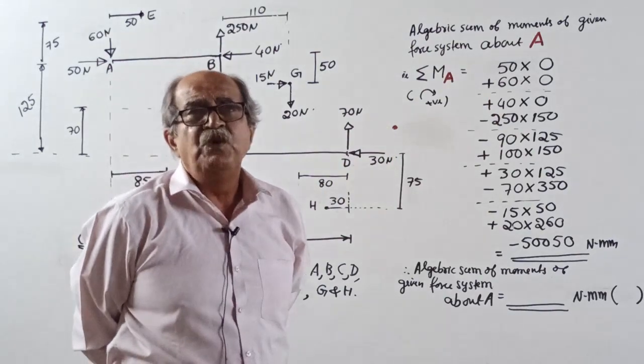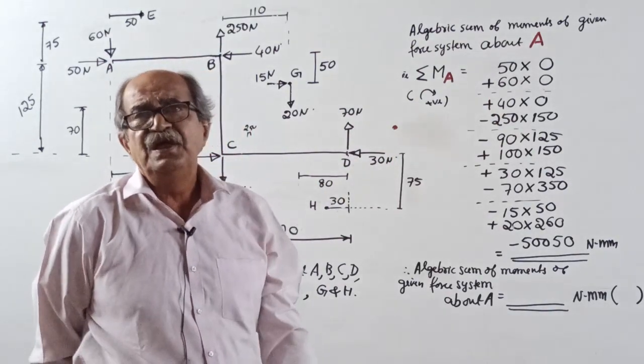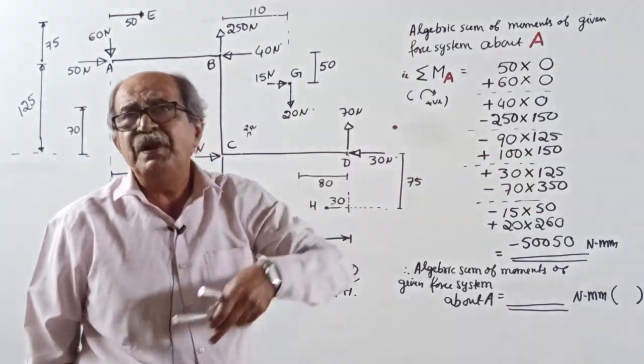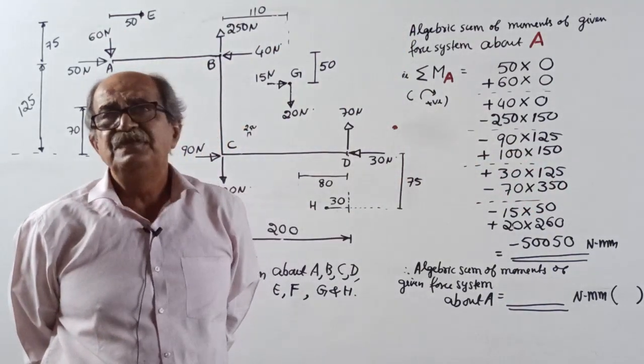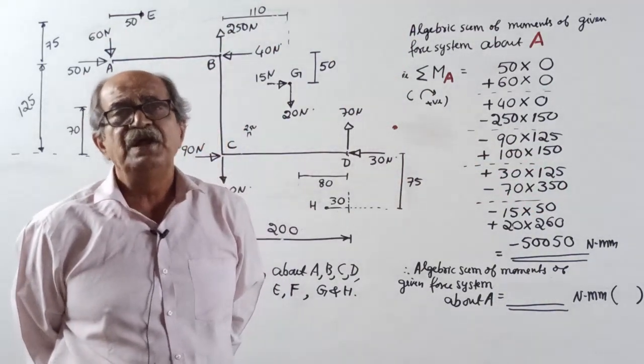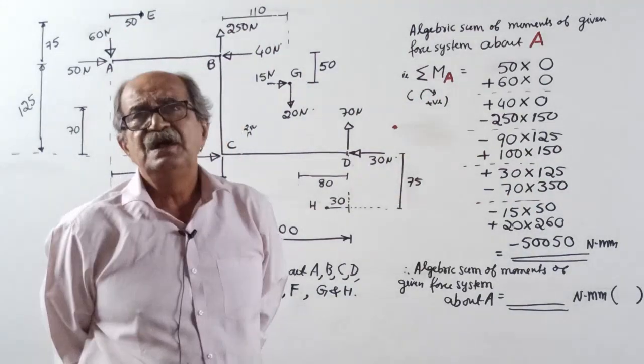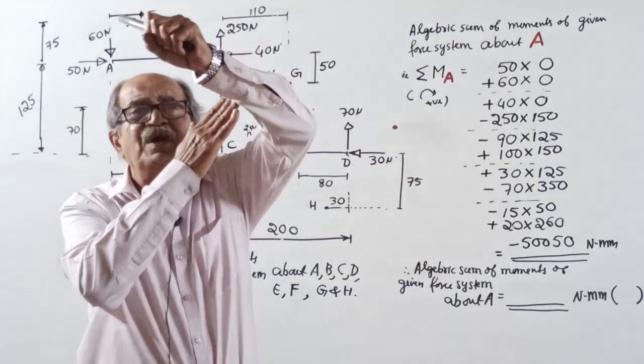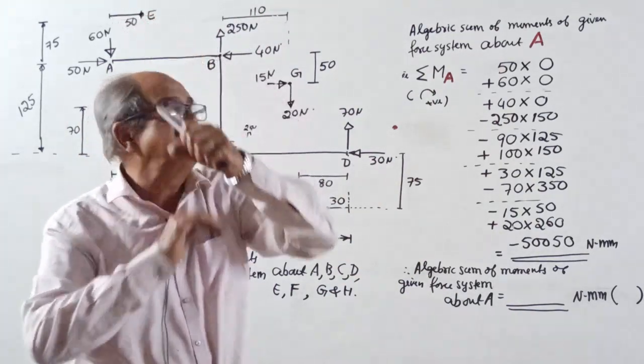Furthermore, if an inclined force is there, the basic definition is moment equal to force magnitude into perpendicular distance from the point about which you want moment to the line of action of the force. If the force is inclined, the perpendicular is also inclined.